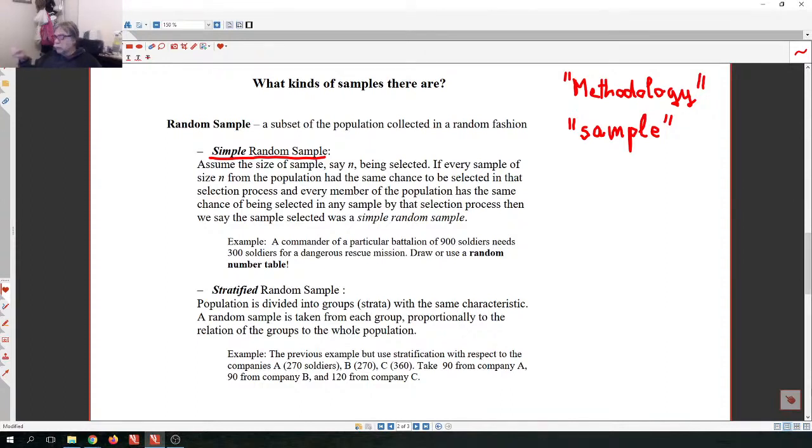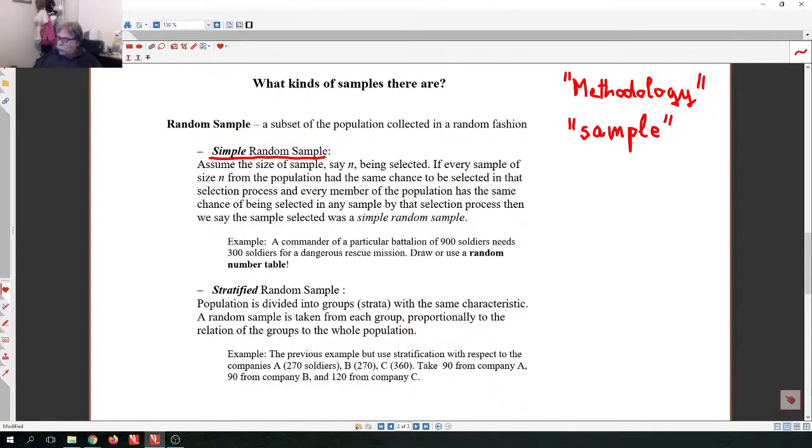So 2 soldiers have to be 2 different things. I will put that in a box, and I will do a drawing from that box blindly. So I'll take one, and then a second one, and a third one, and so on until I reach 300. That is a methodology that will give me what we call a simple random sample.